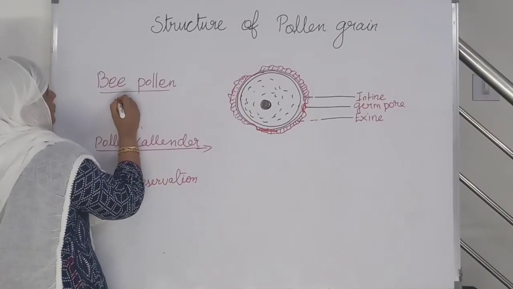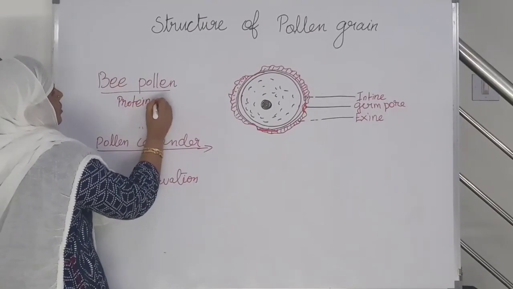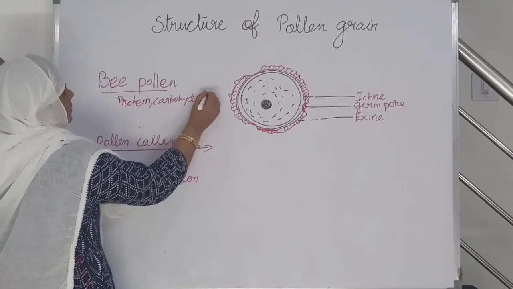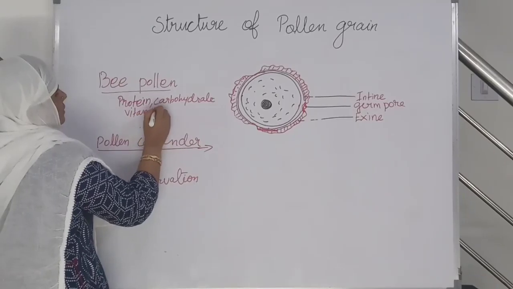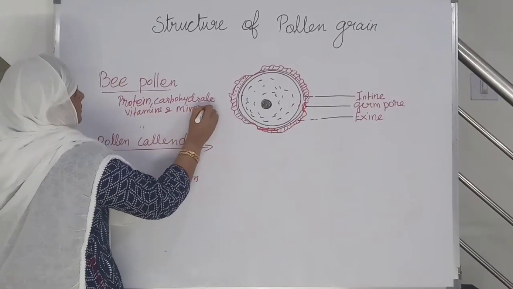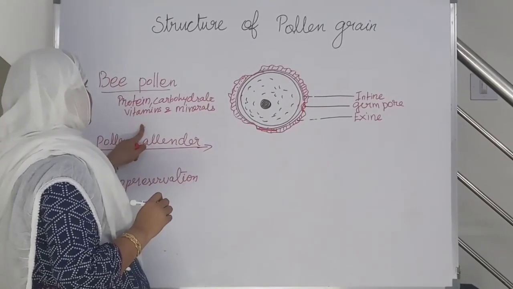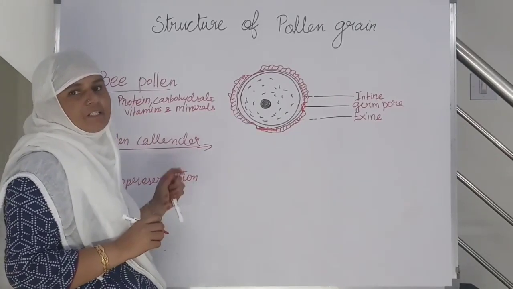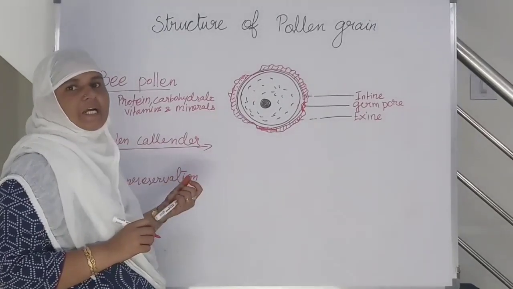It consists of protein, carbohydrate and trace amounts of vitamins and minerals. It increases the performance of athletes and racehorses, and it is supplied as tablets and syrup form.